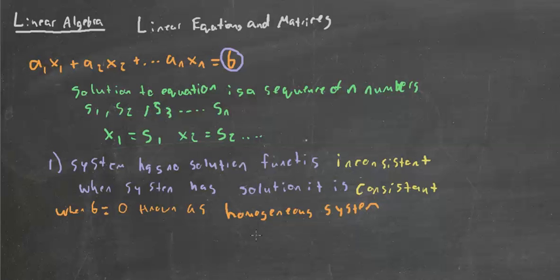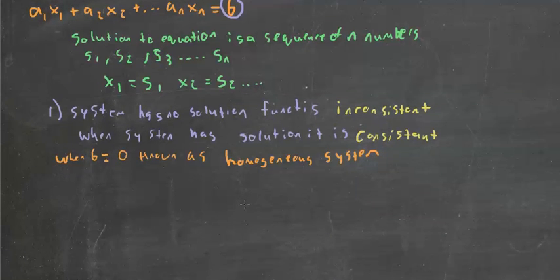Now there's two types of solutions to the homogeneous systems that we're going to get, and that's trivial and non-trivial solutions. When x1, x2, up to xn, let's just say all those values equal 0, it's a solution to a homogeneous system, but it's known as a trivial solution.